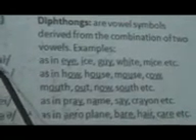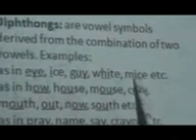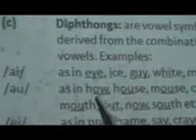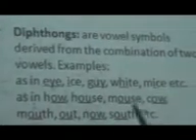As in eye, eyes, guy, white, and mice. The next one is ow, as in how, house, mouse, cow, mouth, out, now, south, etc.